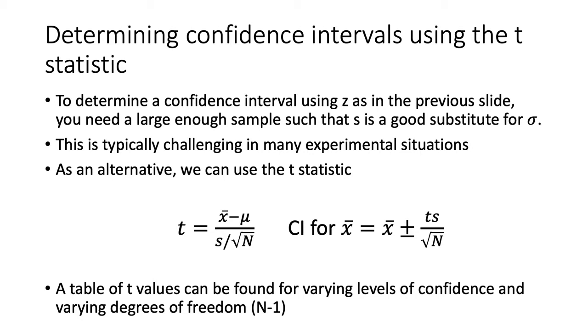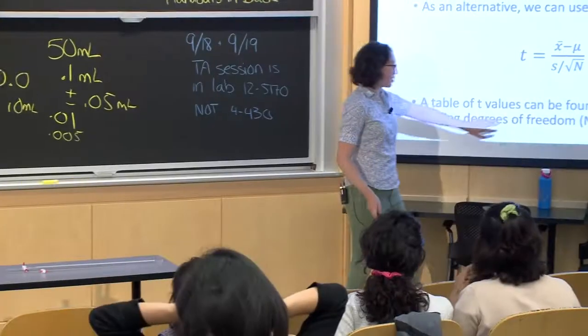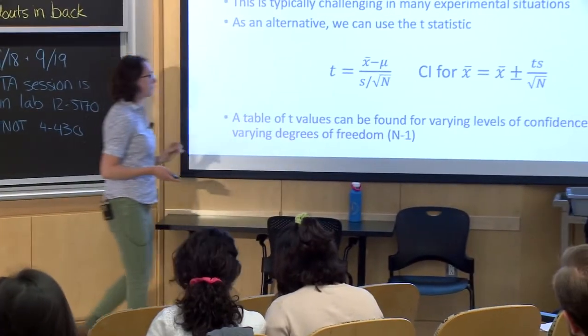To calculate a confidence interval for a mean that you calculate in lab, you can take your mean plus or minus the t-statistic times your sample standard deviation over the square root of n. You can calculate t-statistics using this formula, or you can get a table of t-values for varying confidence levels and varying degrees of freedom, which is n-1, the number of measurements that you took minus 1.